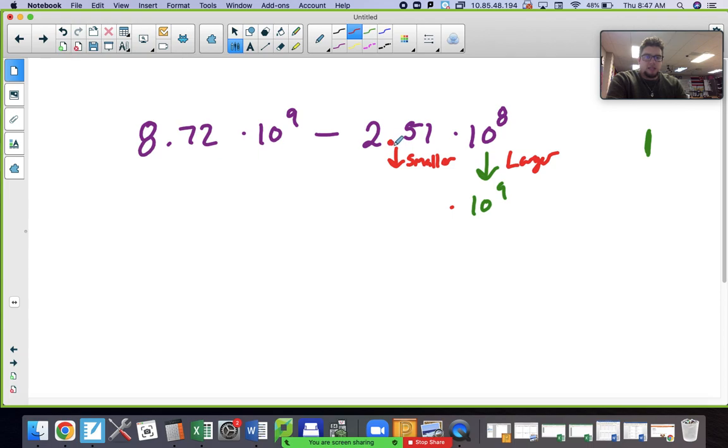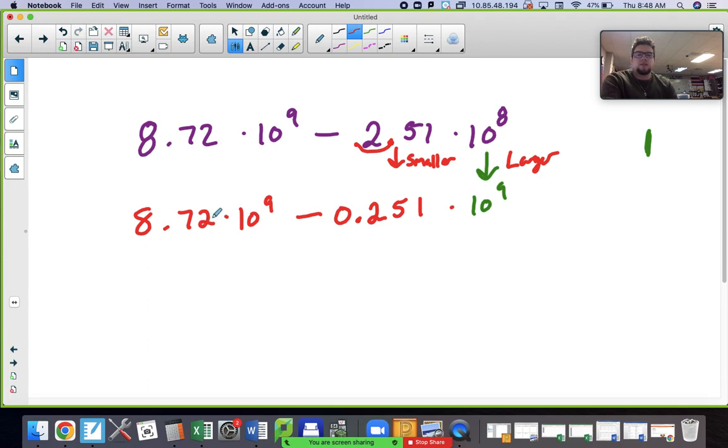We're going to take that decimal one jump to the left, and we get 0.251 for our number. We're now going to subtract 0.251 from 8.72.